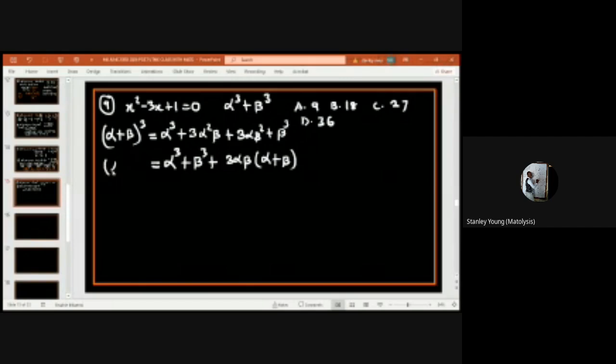What you want here is alpha cube plus beta cube, so find a way to isolate that. When you isolate it, you have alpha cube plus beta cube equals (alpha plus beta) cube minus 3 alpha beta into the bracket of alpha plus beta.